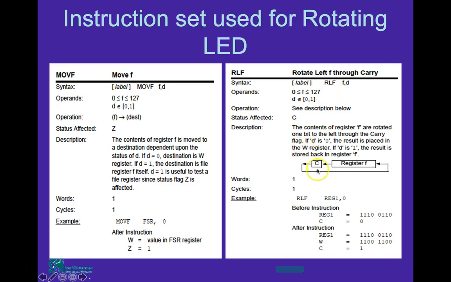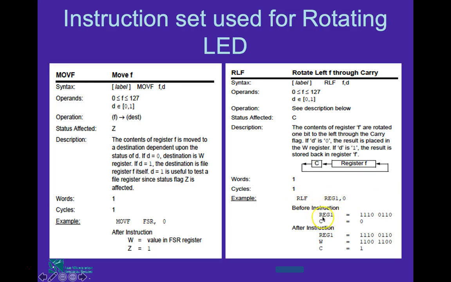Since we are rotating left, it's going to rotate the data in this way, where C is your carry flag, which will be affected in this case. You are trying to move the content of the file register in this direction. So let's see an example: RLF reg1 comma 0.